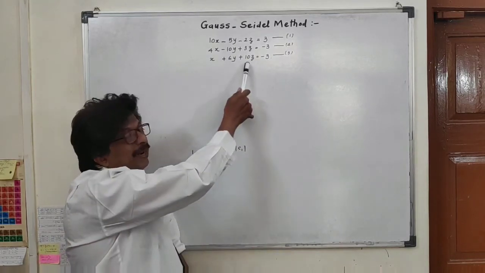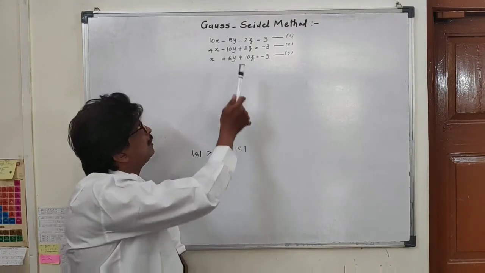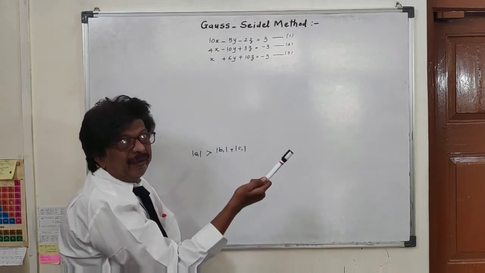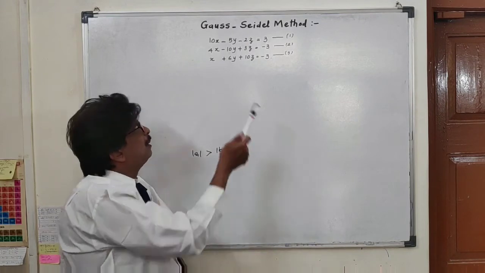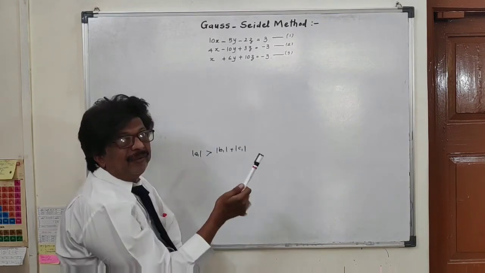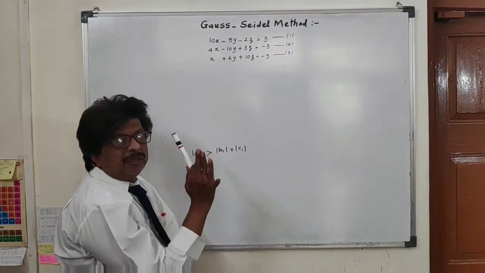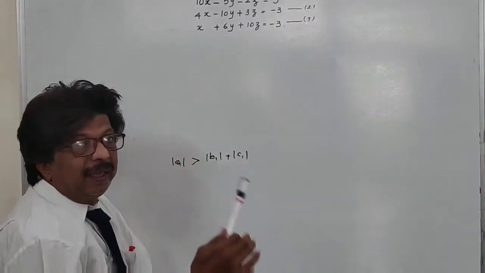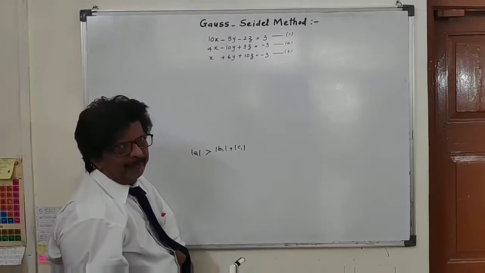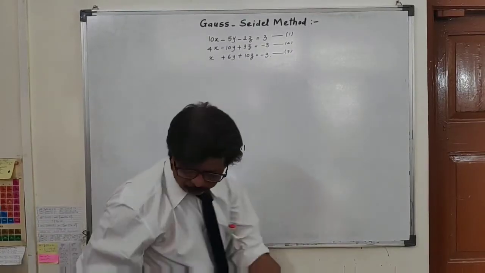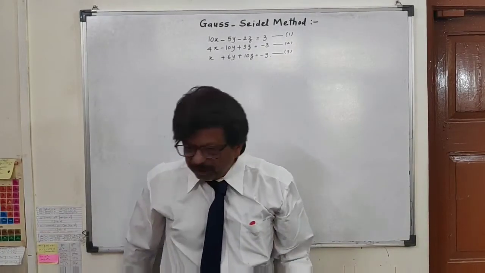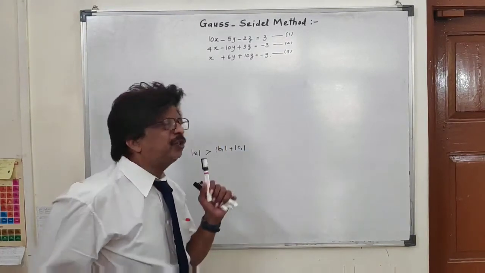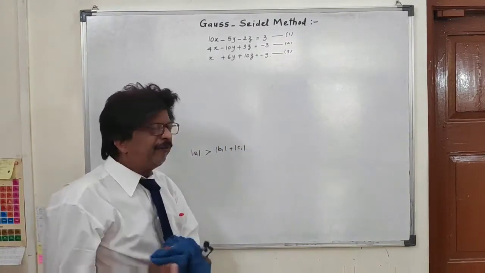The third diagonal element is again 10z, and 1 plus 6 is 7. Again 10 is greater than 7. Such systems of equations are referred to as diagonally dominant. So this method is specially devised for such diagonally dominant systems of equations.